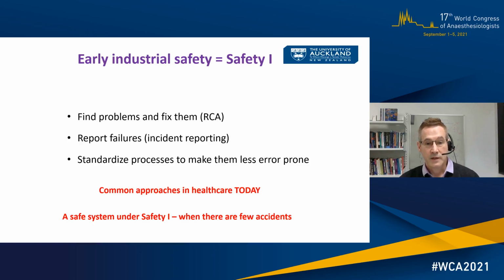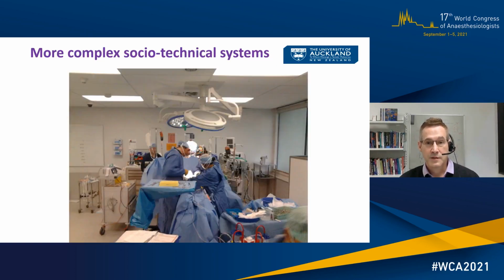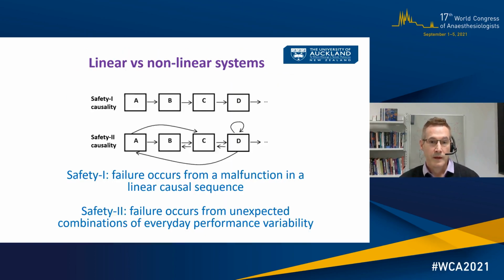So under Safety 1, the definition of safety is that there are fewer accidents, there are fewer bad things happening. But in more complex socio-technical systems, with that non-linear causality involved, this picture is not quite so simple. The top one there is Safety 1 causality. You expect it to be linear. Safety 2 causality has many loopbacks, and you're not sure how many steps are involved or how long it's going to take.